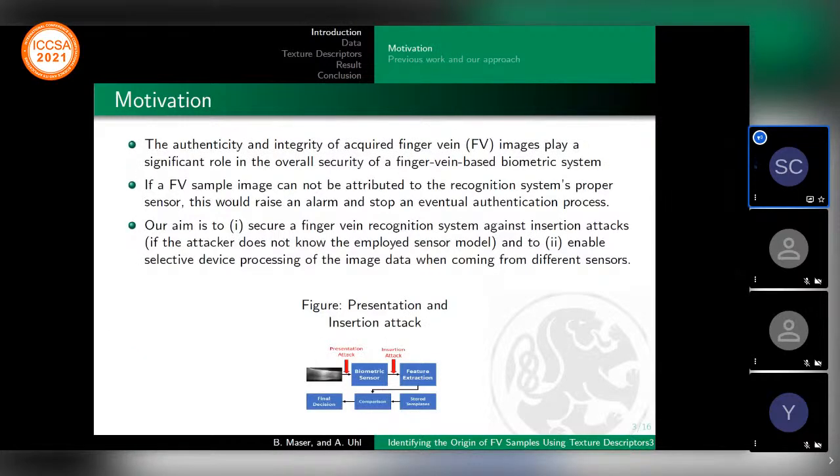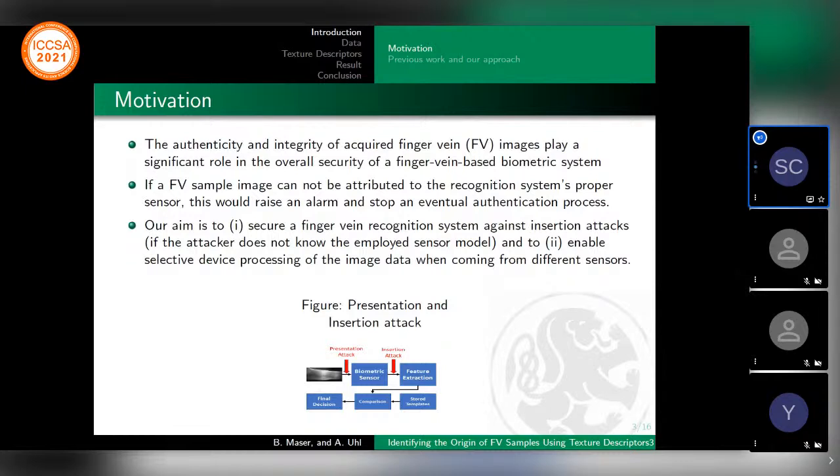The motivation first: the authenticity and integrity of the acquired finger vein image plays a significant role in the overall security of a finger vein biometric system. If a finger vein sample image cannot be attributed to the sensor of the recognition system, then this would raise an alarm and stop an eventual authentication process.